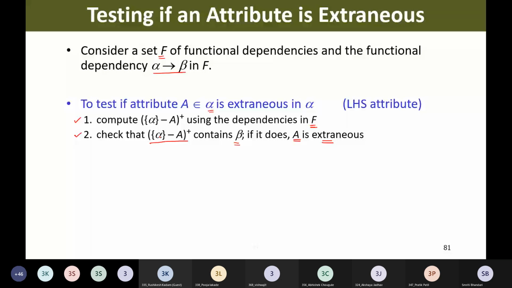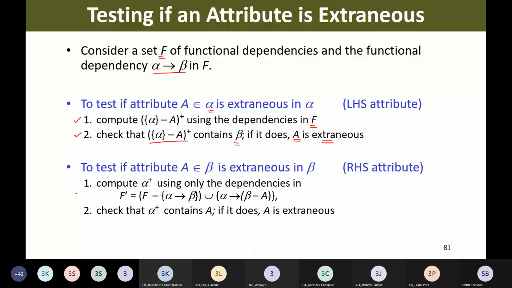So once again, take down these steps to test if attribute A is extra in right hand side of the functional dependency. What we are going to do is follow two steps.